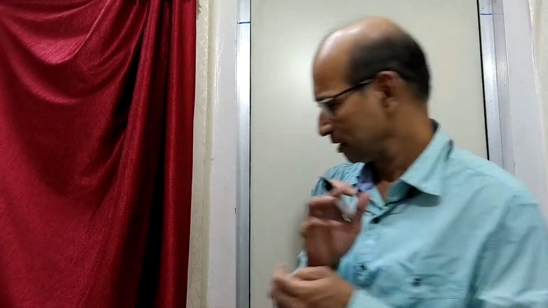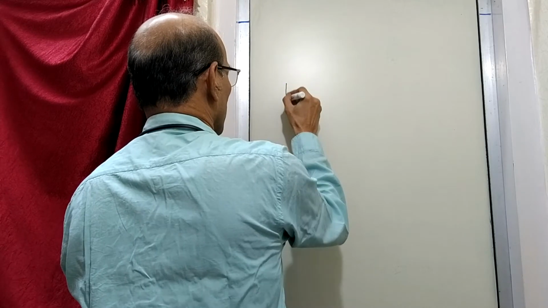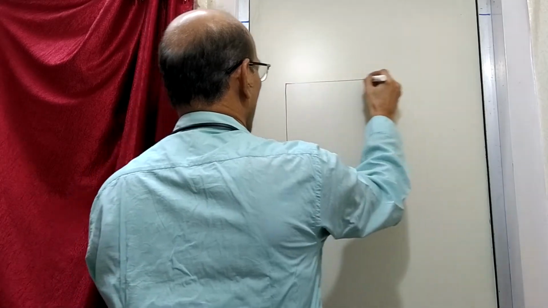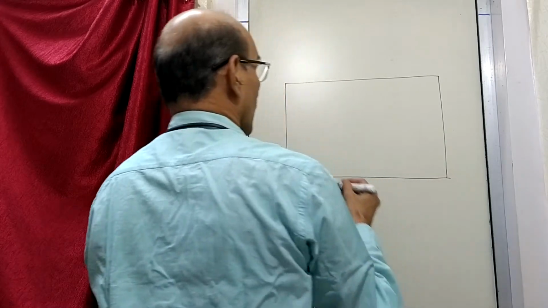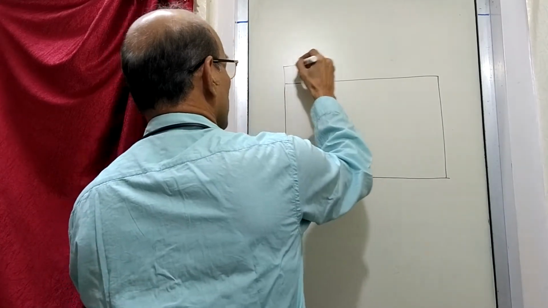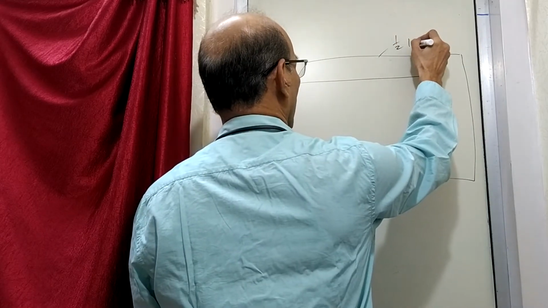So let me tell you the size of the paper which you can take. Half imperial paper is larger than this. This is half imperial.